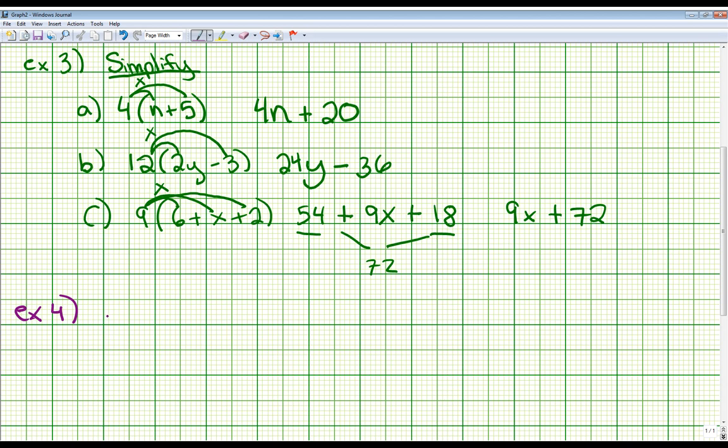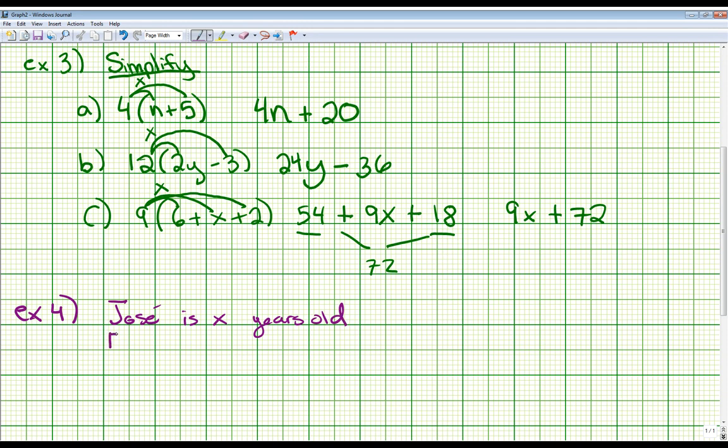So the first thing we're going to do is take out the important information. One of the people they're talking about is Jose, and they're telling us Jose is x years old. So that's important information.